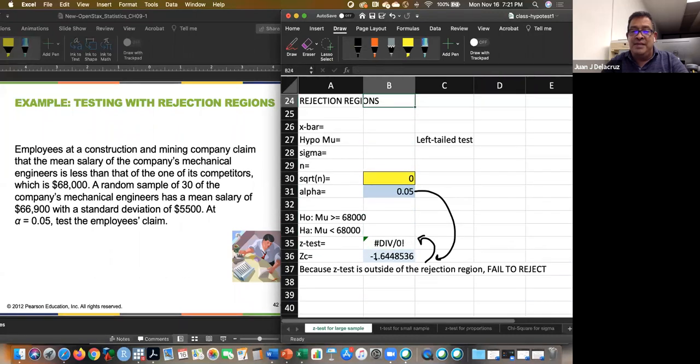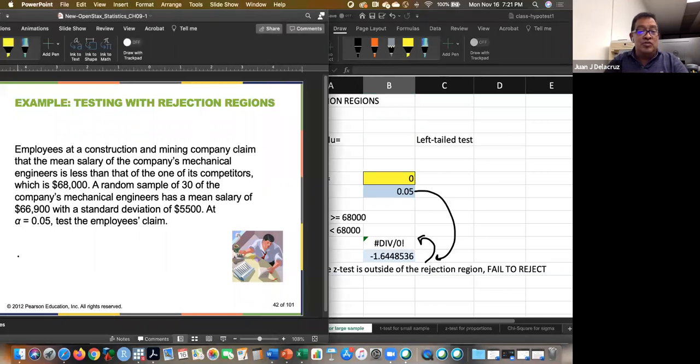I think I'm making things too complicated. So here, employees at the construction, so I have my two hypotheses, right? H0 and H sub A. So the employees at the construction and mining company claim that the mean salary, so once again, we are doing the mean salary, which is the mu, is less than one of the competitors, which is 68,000.